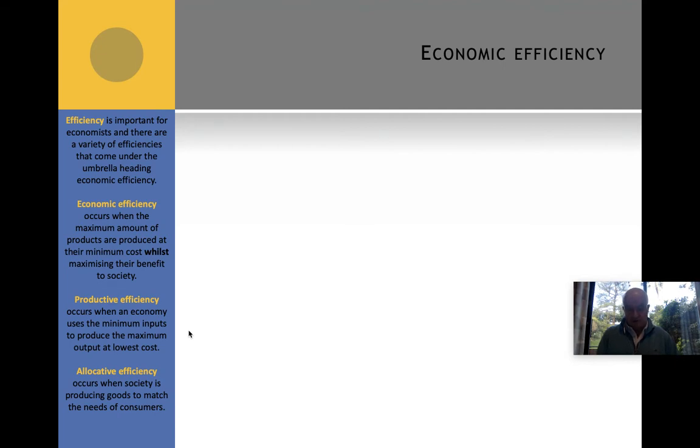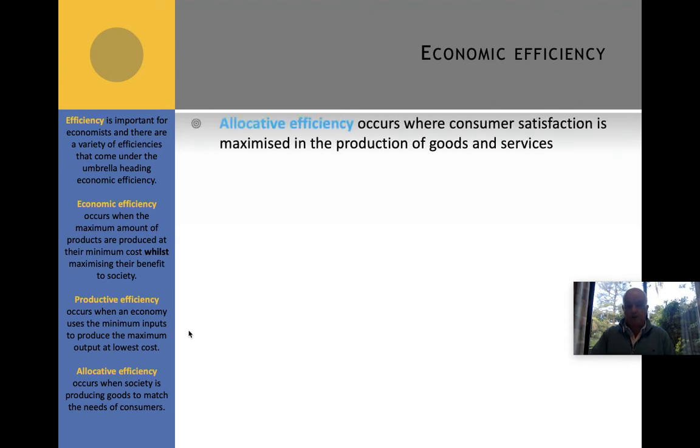So it's all about attempting to give some welfare gain, some societal gain, and for consumers to gain not just utility but some satisfaction from the products that are being produced. So just to remind ourselves, allocative efficiency is where we're looking at consumer satisfaction, and that is the thing that we're trying to maximise in the choice of production of goods and services that we as firms might choose to produce.